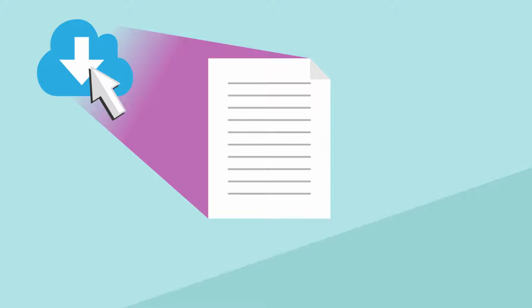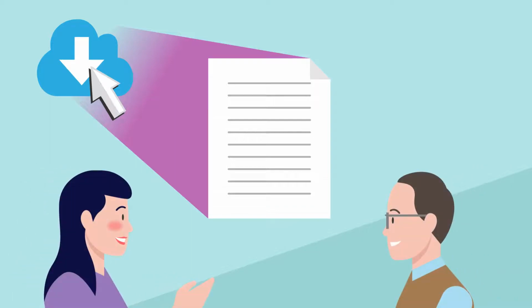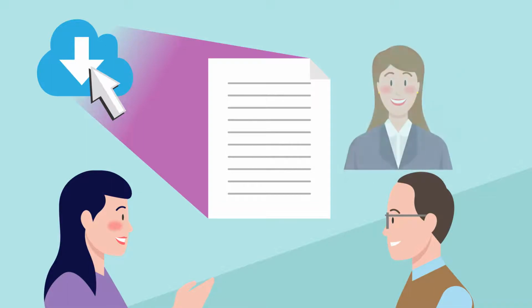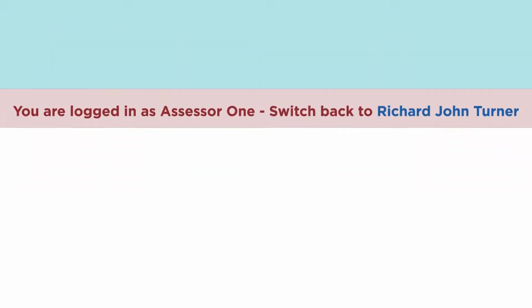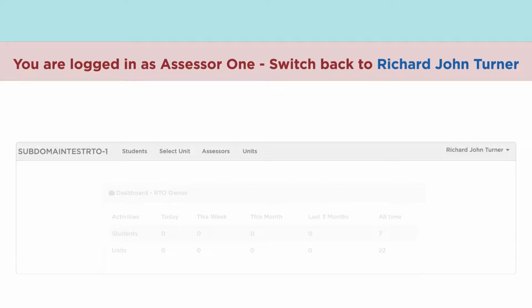You may take this opportunity to discuss strategies to assist the assessor with the RPL process. RPL Assess allows you to remain connected with your assessor to ensure the student's journey is prompt and effective. Use the Switch Back function to return to the Manager's portal.